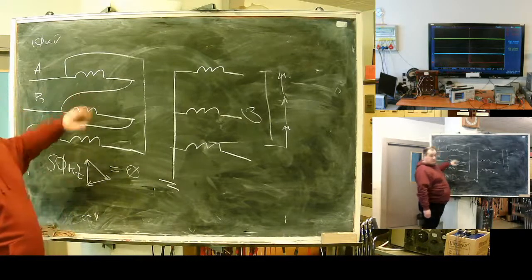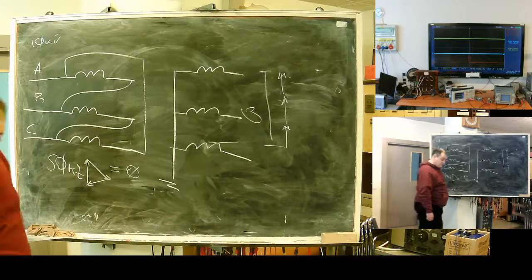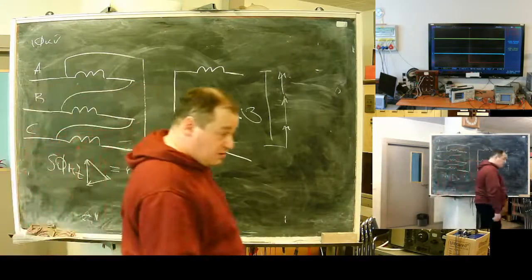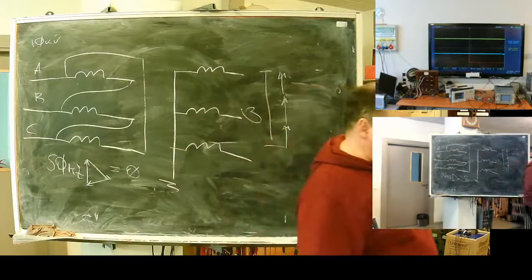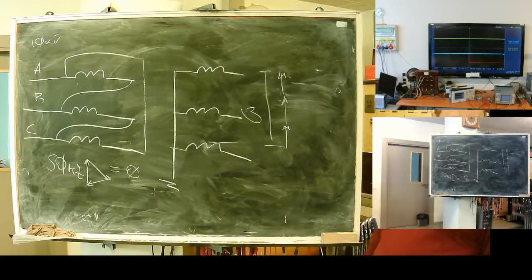For the delta connection, for the third harmonic, delta connection is a short circuit. And the circulating third harmonic current will compensate all disturbance. So we will have no problem with voltage quality at the client side.